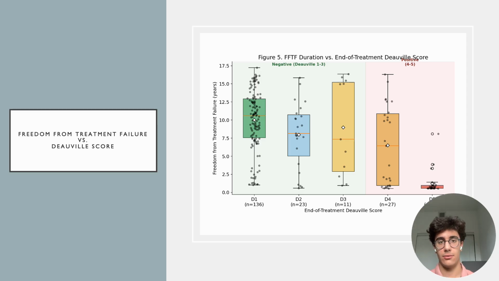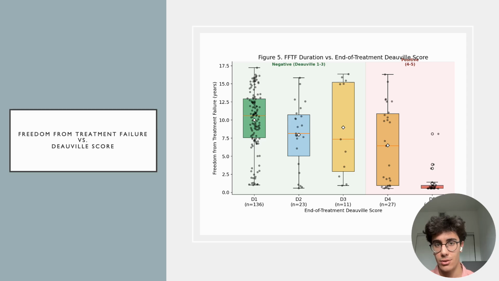The median freedom from treatment failure for a score of 1 is about 10.6 years. For a score of 2 it is 8.1 years. Score of 3 is 7.4 years. Score of 4 is 6.5, and a score of 5 is 0.7. Just a substantial drop. Now, there's a clear step down in how long the patients stay free of treatment failure as the score rises.